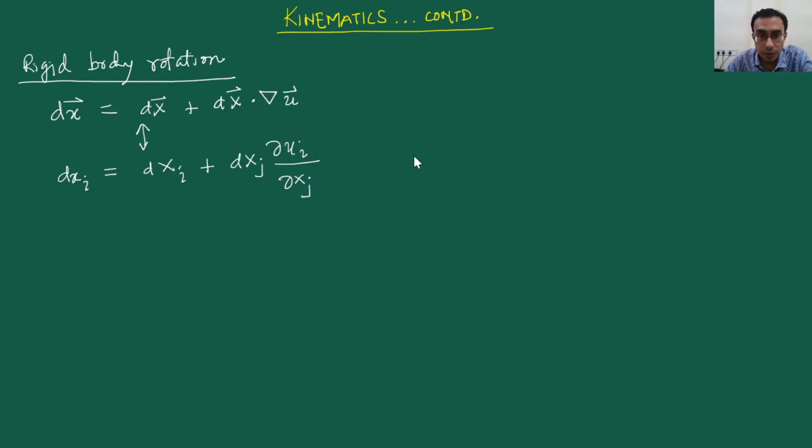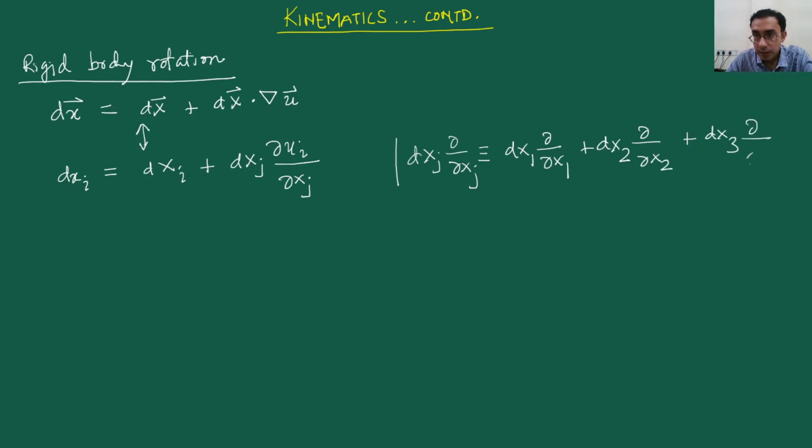So we can think of it like this: dxj del xj is equivalent to dx1 del x1 plus dx2 del x2 plus dx3 del x3, and that is exactly equivalent to dx vector dotted with the gradient operator.